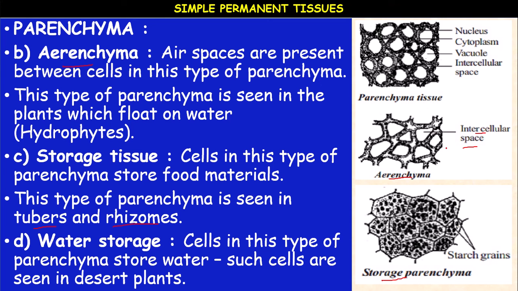Whatever may be the type of parenchyma, whether aerenchyma, storage parenchyma or water storage parenchyma, the cells show large intercellular spaces. These intercellular spaces may be filled with different substances in different types of parenchyma.